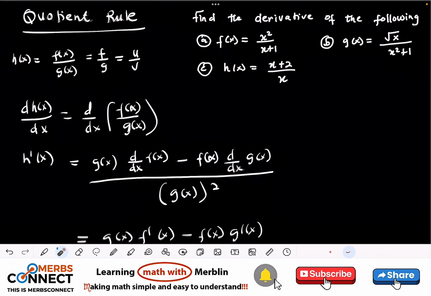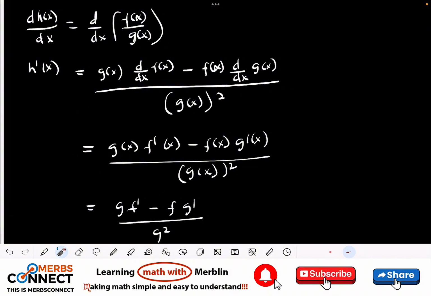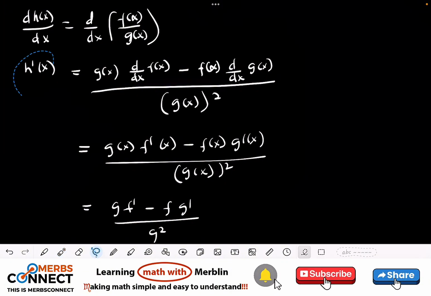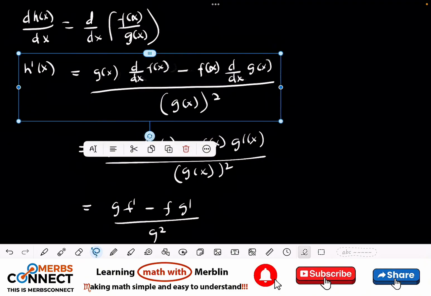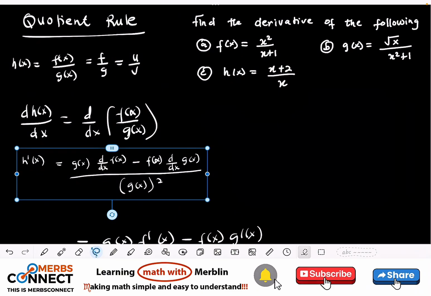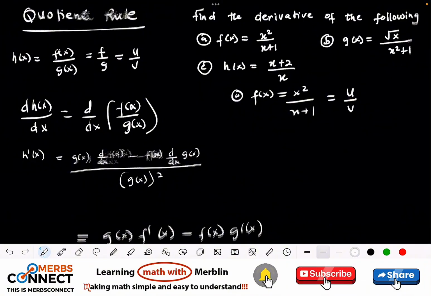Good. So now let's take these examples and then let's see how we can go through them, right? So let me minimize this one small so that I can get space to work with the examples here. So first, A is like f of x is equal to x squared divided by x plus 1, right? Now this is equal to u over v. You can say f over g, the same thing, right?